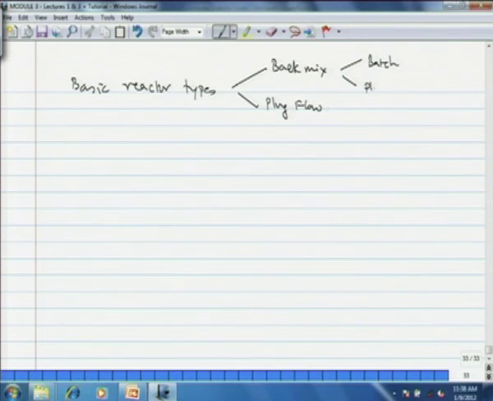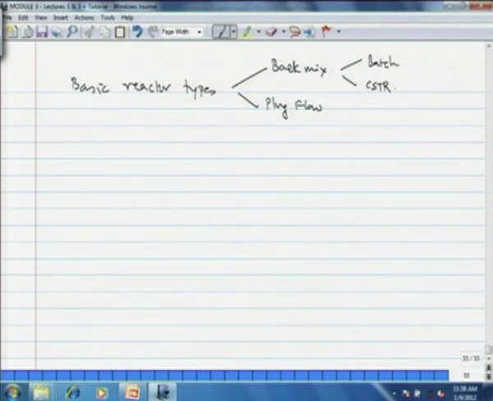However, the reactants are continuously added and products are continuously withdrawn. The second reactor type is the plug flow reactor, where the reactants flow continuously in one direction in a tubular cylindrical vessel.